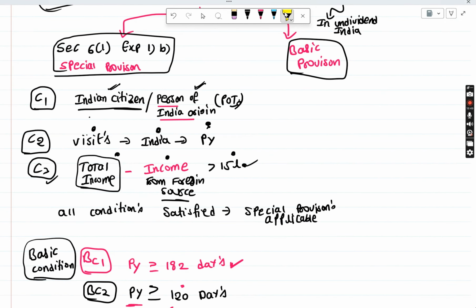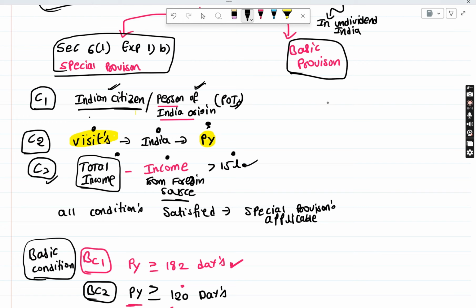That means this is applicable for a person who is an Indian citizen or a person of Indian origin. This is important: who is visiting India? That means, let's just say you went to the US, got a job and stayed there, and then after 3 or 4 years you were visiting India in the previous year. Okay, in the previous year, I think you should know what is previous year and what is assessment year.